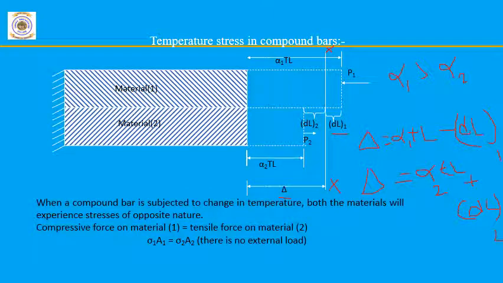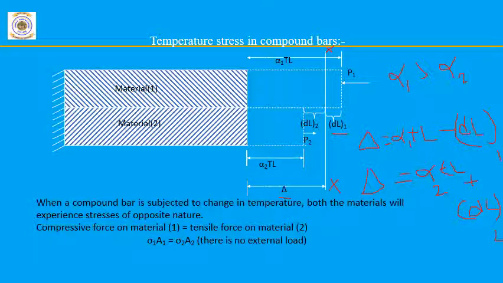And from the figure, it is confirmed that to bring the body to the actual position, we need to apply a compressive load for the first material, whereas for the second material, to bring the body to the actual position of the expansion, we need to apply a tensile load.